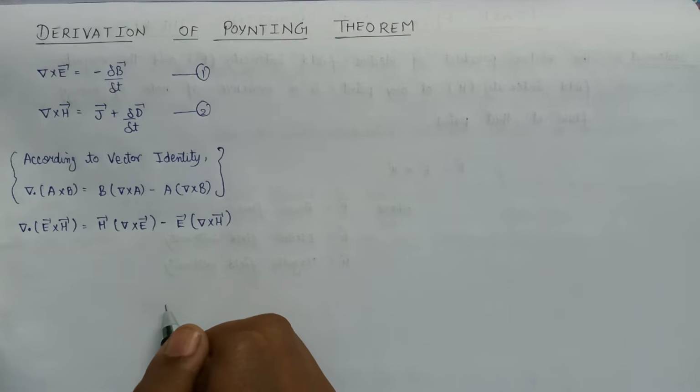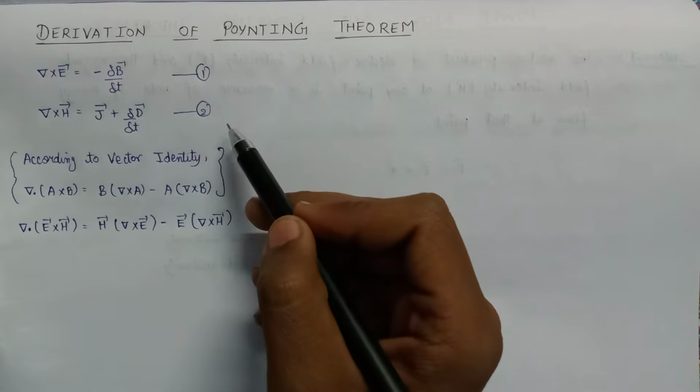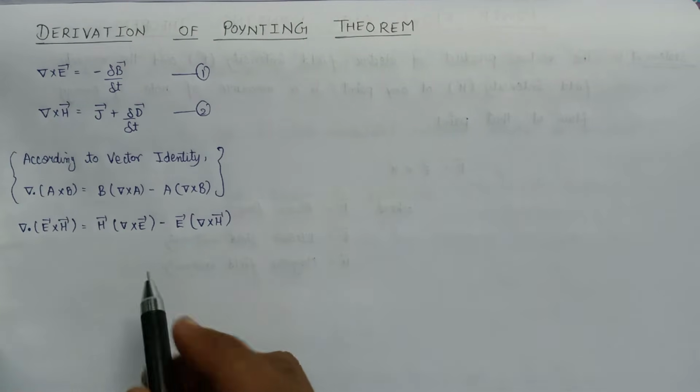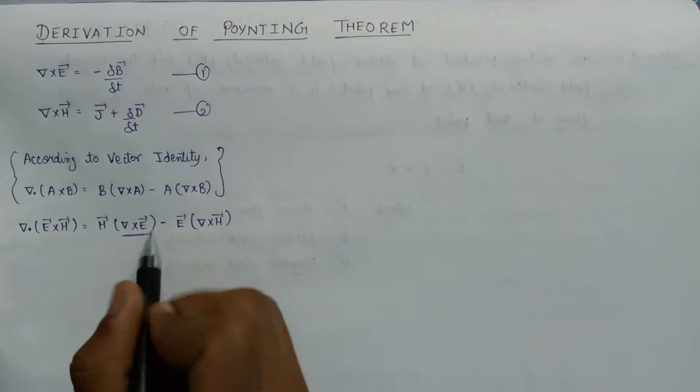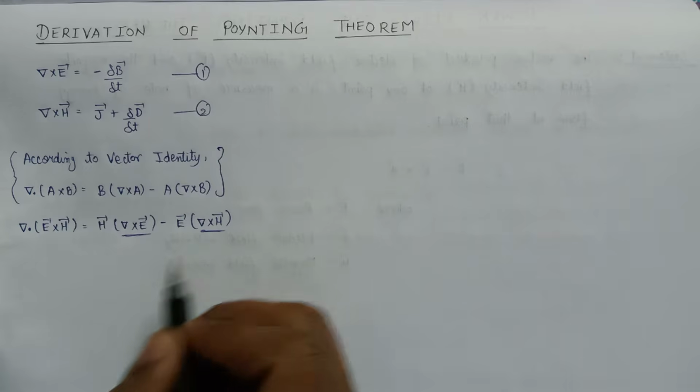Now we can also write this expression with the help of equation number 1 and equation number 2. We have the value of del cross E, which is written here, and the value of del cross H, which will be substituted here.